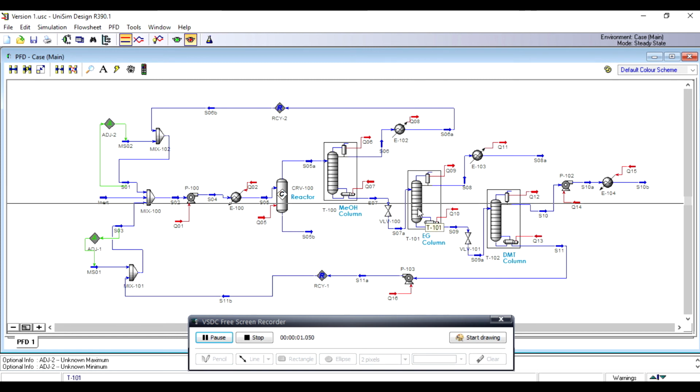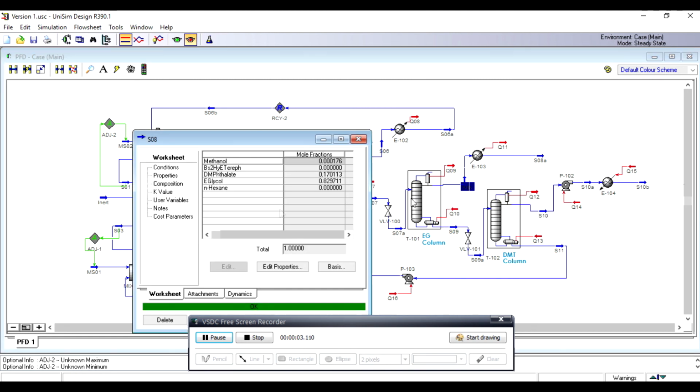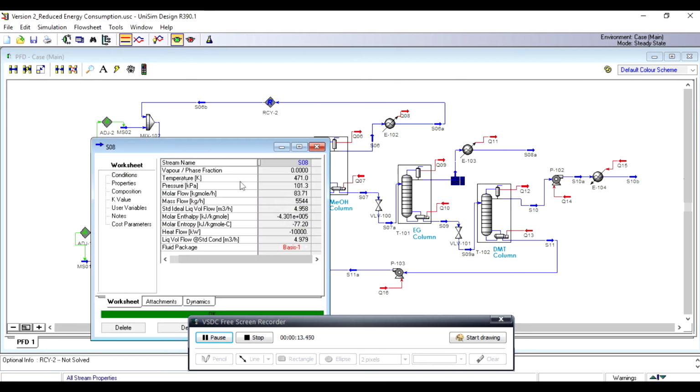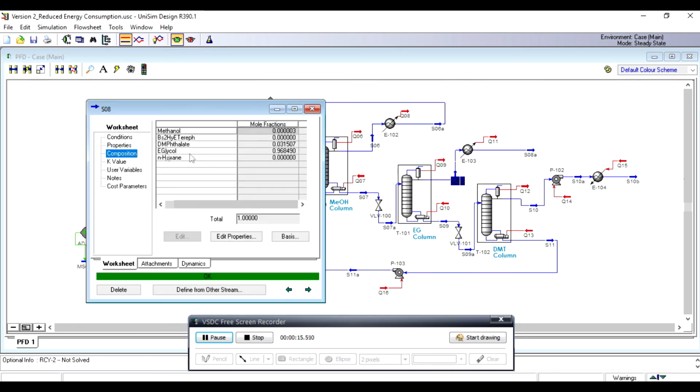For the EG column, for version 1, an EG of 0.82 mole fraction was obtained. For version 2, a purer EG was obtained, which has a 0.96 mole fraction.